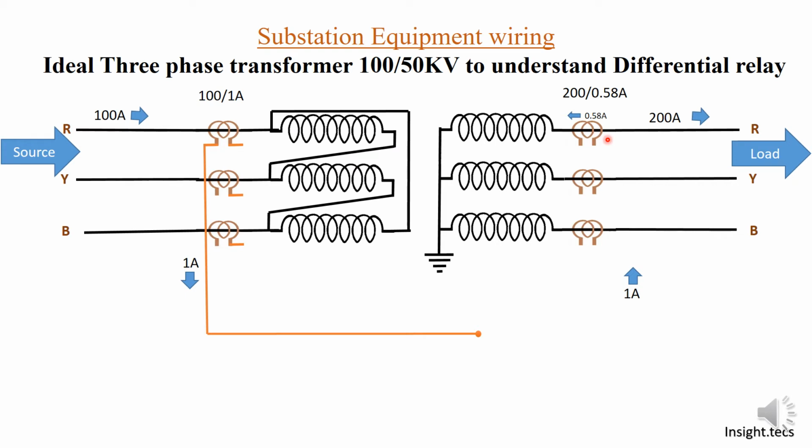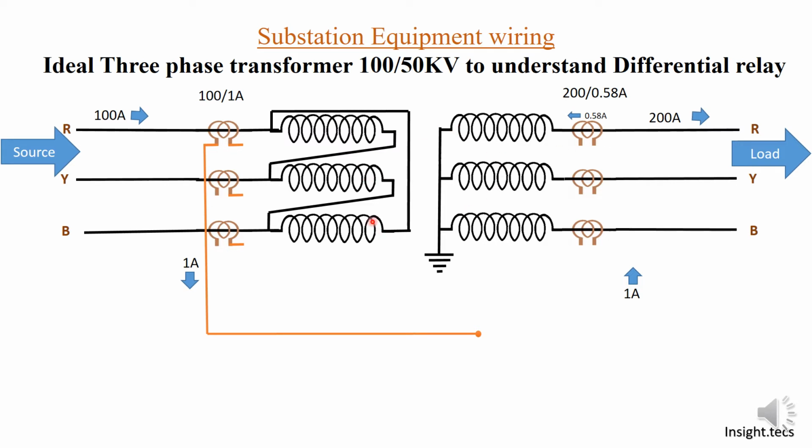In order to operate a differential relay, it is very important that the primary side and secondary side currents flowing should be of similar magnitude and should always be equal in phase. Only then the differential relay will not operate. If there is a difference in magnitude or phase, then my differential relay is going to operate.